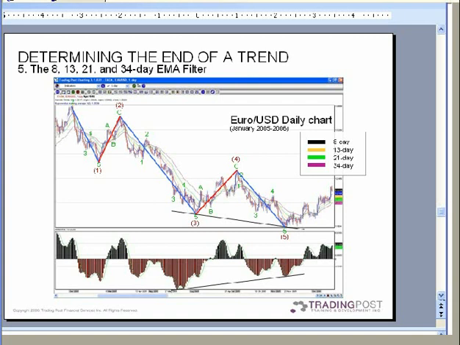Now, first of all, just a note on moving averages. Moving averages are trend-following systems. This is the daily chart, and what you would normally do is look at your daily bar to see what the trend is of the move.